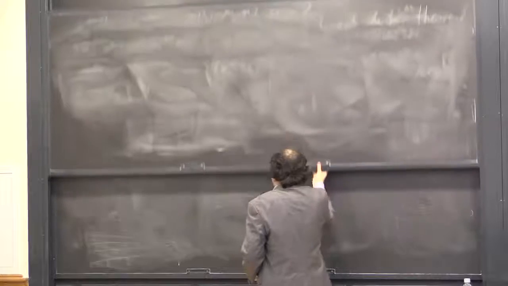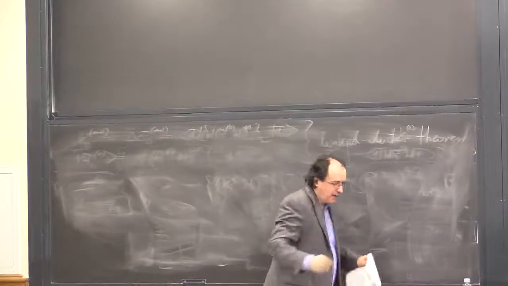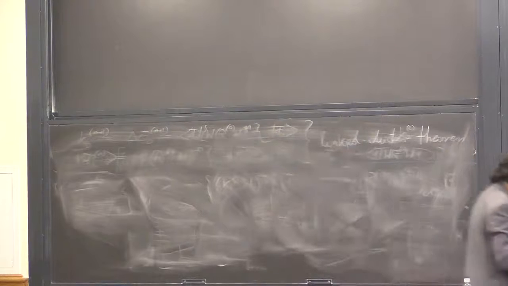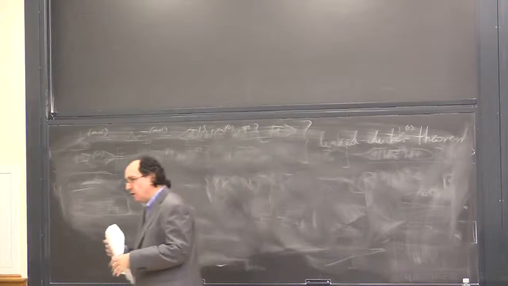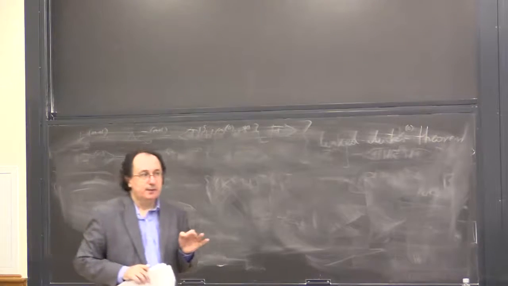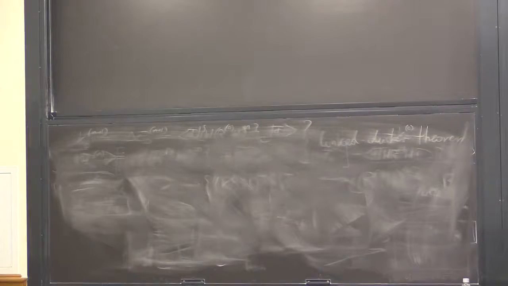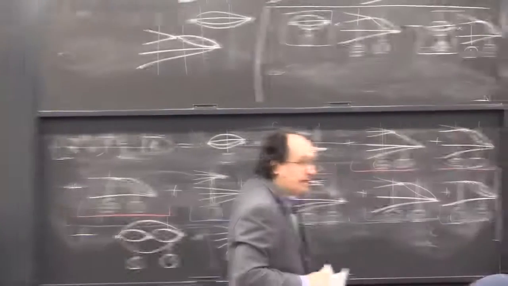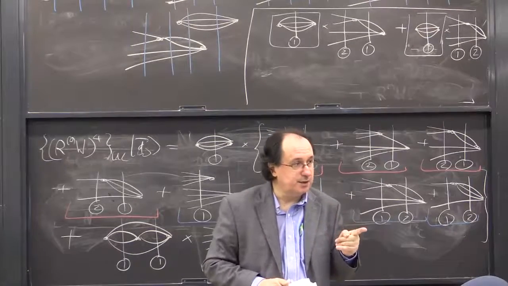I would like to emphasize now an important point. If you really look at all these considerations that we did, we were able to factorize these diagrams by adding them together, because our indices are free indices.